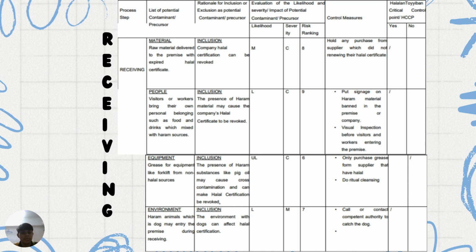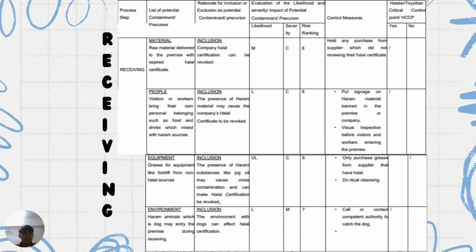Now we move to people. Visitors or workers bring their own personal belongings such as food and drinks which mix with haram sources. For example, the workers bring their food like pork and bring their beverages like alcohol inside the production.